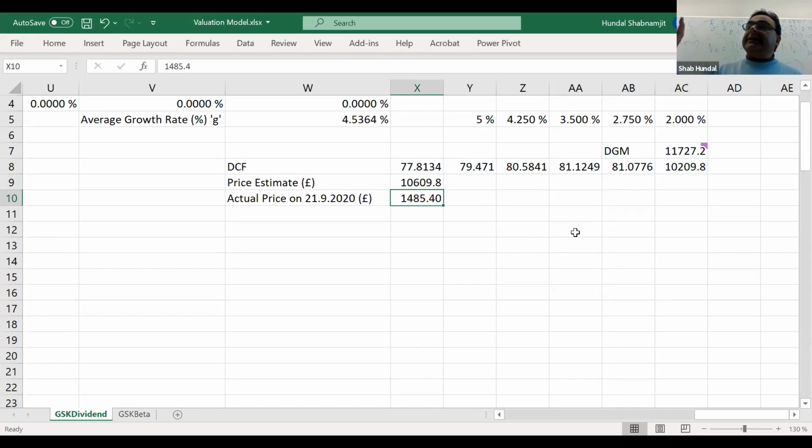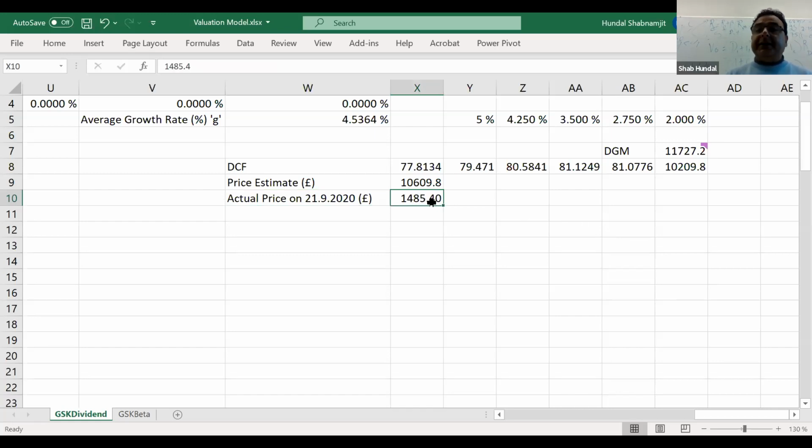One reason is this price is very high because we are using a very low discount rate, which is just 2 point something. And when I compare with the current price which I saw yesterday, you have to trust me that yesterday on Yahoo Finance on 21st of September 2020, it was 1485.